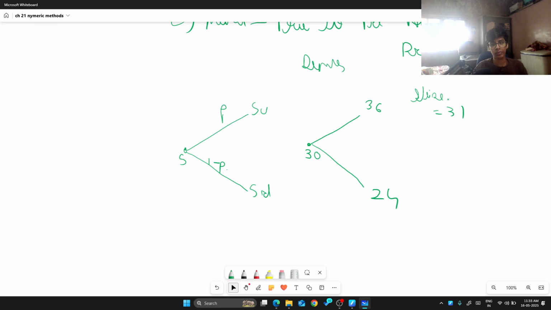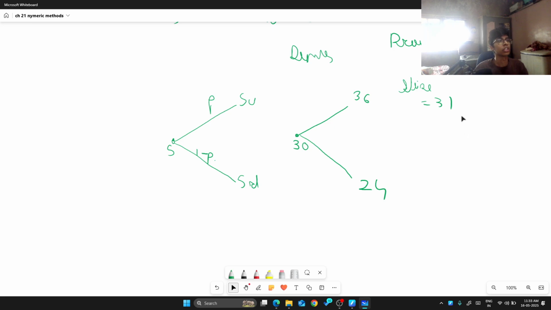It is a call option, so its payoff would be S_T minus K. The payoff at 36 is 36 minus 31, that is 5. And if it goes down, the payoff is 0. So there is some probability present in this.